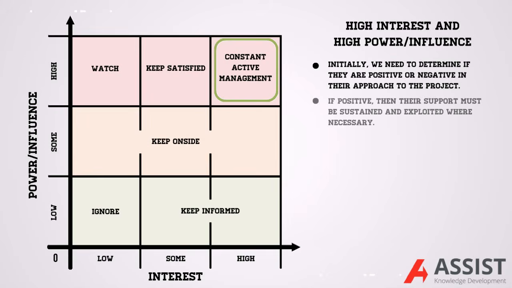If positive, then their enthusiasm and support must be sustained and exploited where necessary. If they are negatively inclined towards the project, influencing strategies will need to be deployed. A helpful approach is to identify some benefits for them personally from the project approach or outcomes. If this isn't possible, it will be necessary to identify a more powerful stakeholder who can help manage any issues they raise.